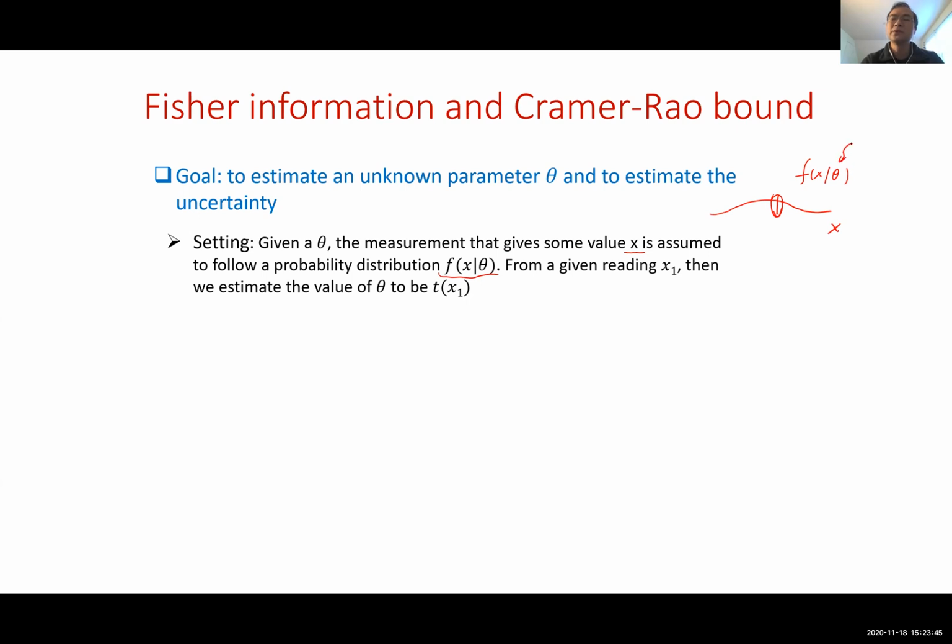So if the parameter is theta, there's some distribution f. And suppose we read the meter that detects maybe a particle or a number, and we get a value x1.